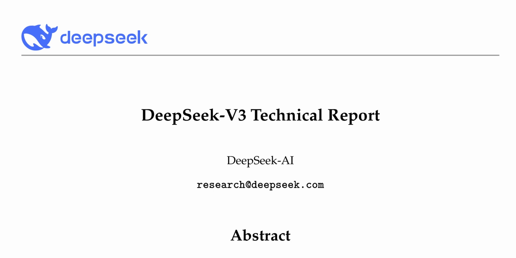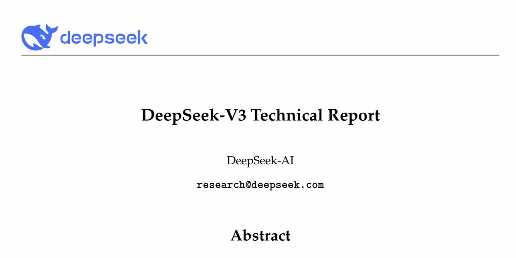Due to the effective load balancing strategy, DeepSeek v3 keeps a good load balance during its full training. Therefore, DeepSeek v3 does not drop any tokens during training. In addition, we also implement specific deployment strategies to ensure inference load balance, so DeepSeek v3 also does not drop tokens during inference.